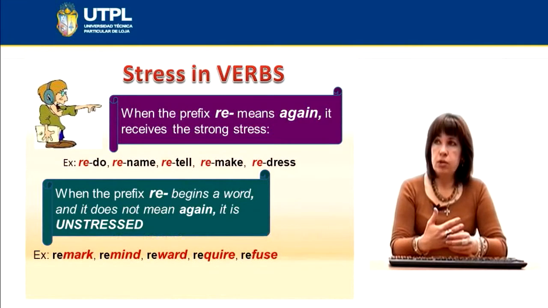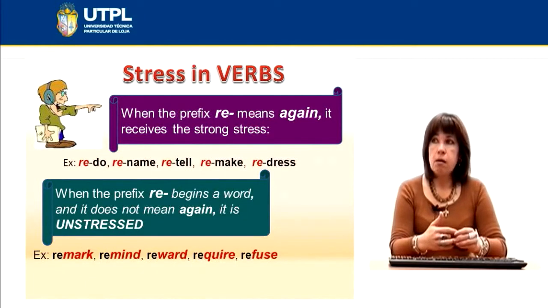Well, let's continue about stress in verbs. It's interesting when we have a prefix R-E that has the meaning again, it should receive the stronger stress, like here in the examples redo, rename.